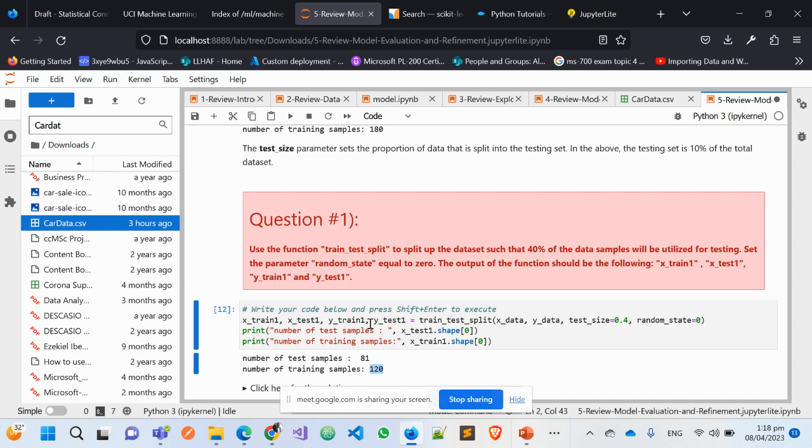Underfitting is when the training data is less than what is available. Overfitting is when the training data is more than what is required.